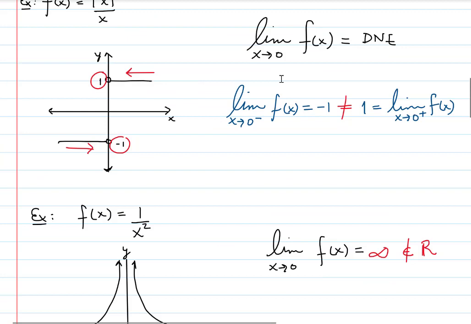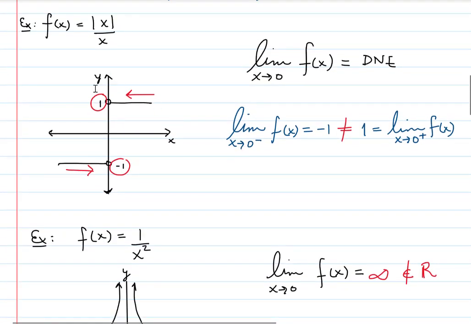I want to show you quickly a simulation, just a quick example of something similar to this example here, on what a neighborhood of delta and epsilon would look like for a function where the limit fails to exist.